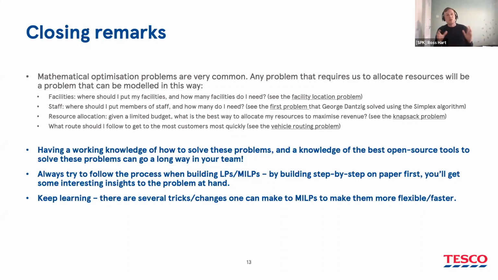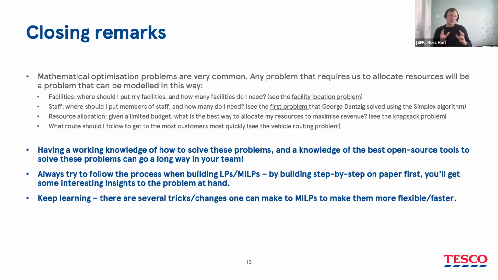And then finally, probably one of the most classic optimization problems is vehicle routing. Where should I send my vans or my cars or anything like this to visit the most places and run my operation most efficiently.